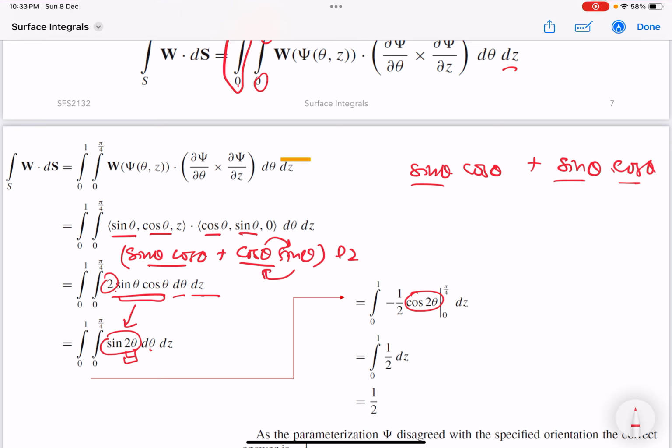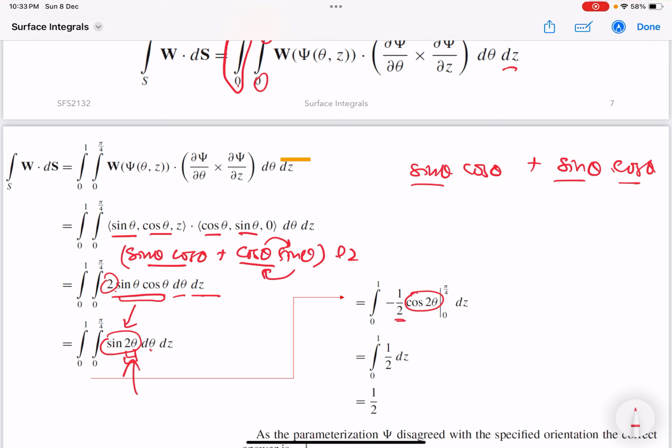It's not a simple integration, because it involves 2 times theta inside. As I remember, when we integrate it becomes cos, and then we need to divide by the derivative of 2 theta, so it becomes 2 on the downside.